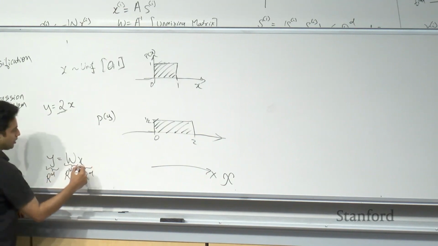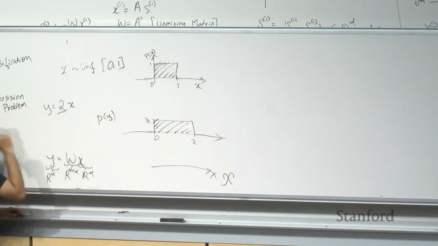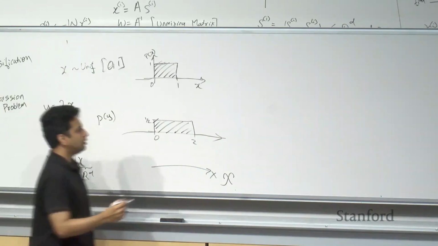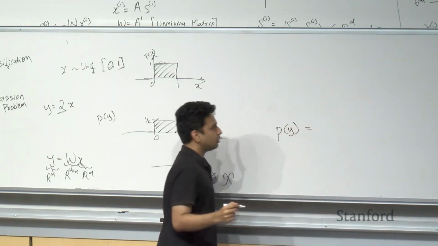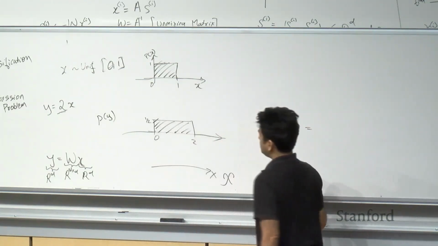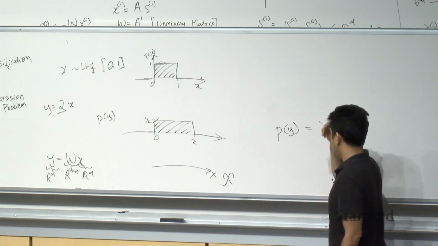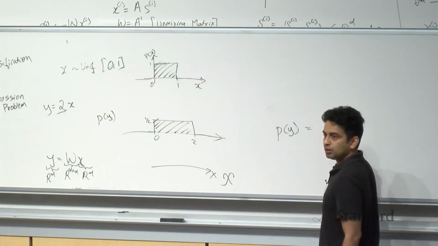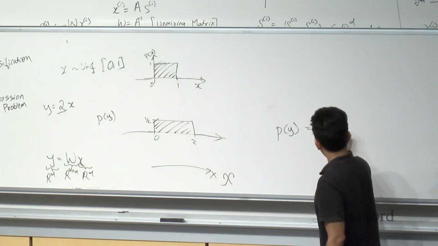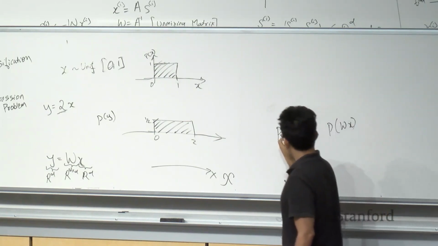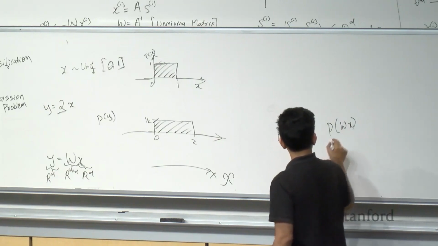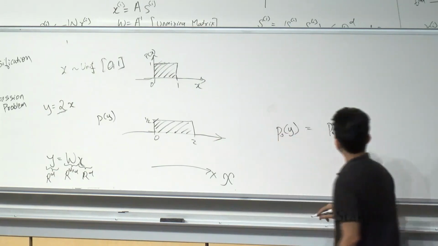And we have p of x to be some value. So what can we say about p of y? Let's assume this is the density of y and this is the density of x.